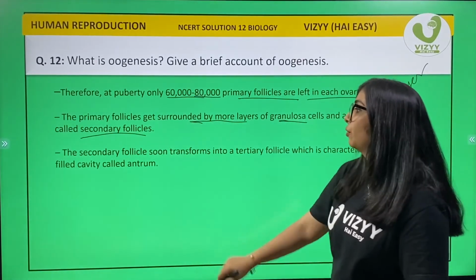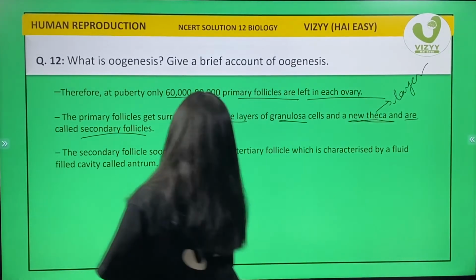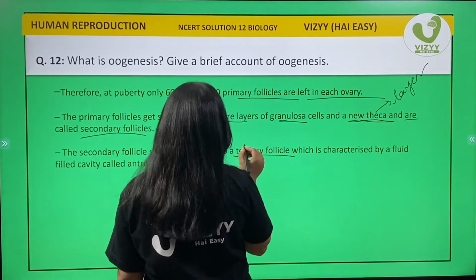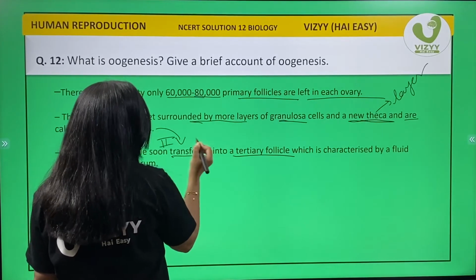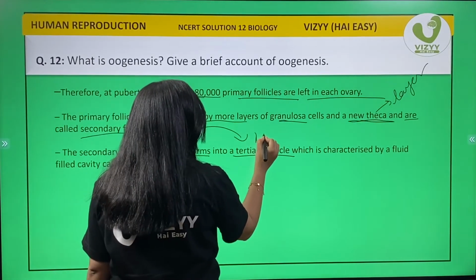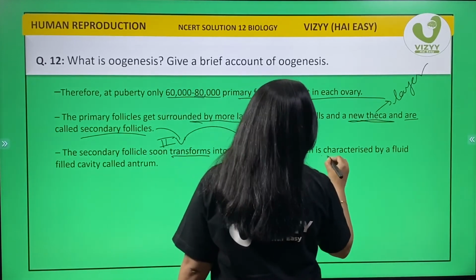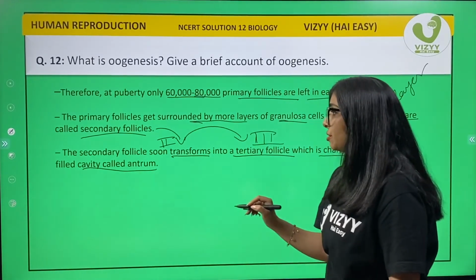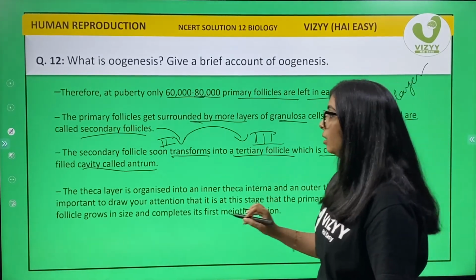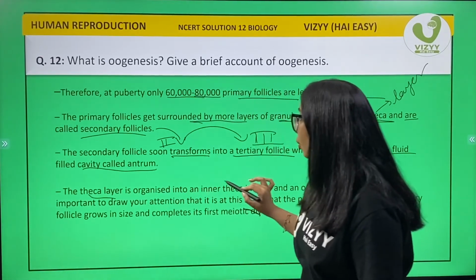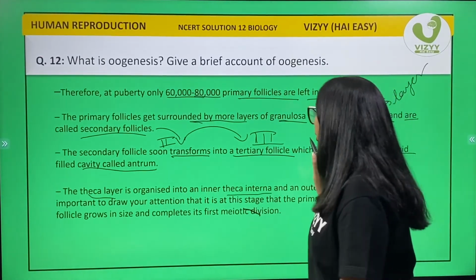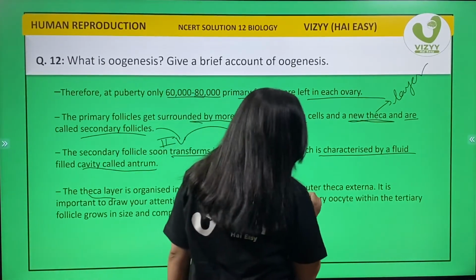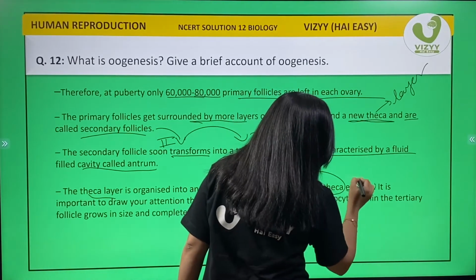These secondary follicles transform into tertiary follicles, which are characterized by a fluid-filled cavity called the antrum. Lastly, the theca layer is organized into the inner theca interna and the outer theca externa.